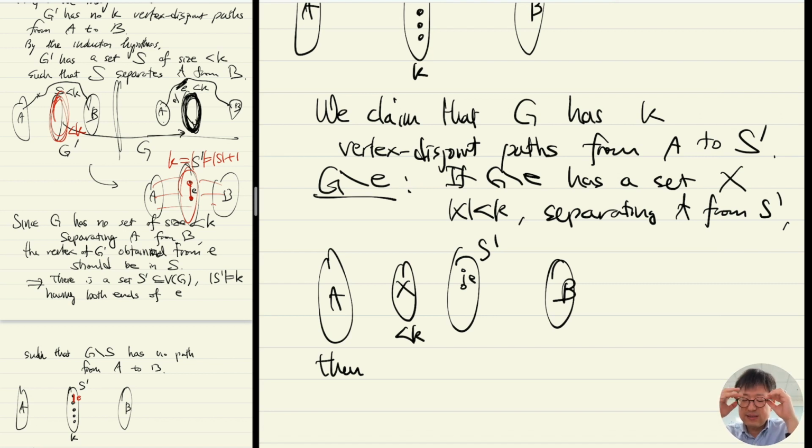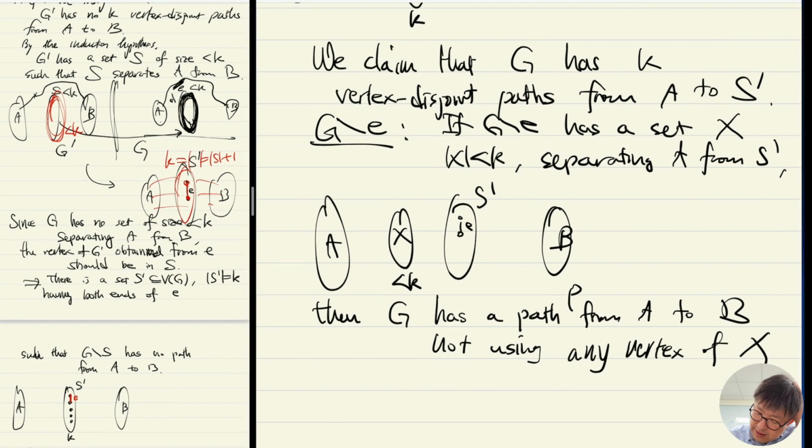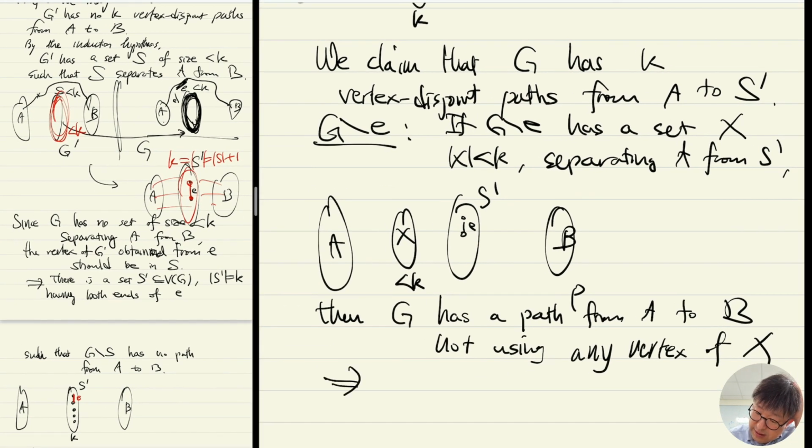So X is a small size set, and by assumption, since there's no set of size less than K separating A from B, G has a path P from A to B not using any vertex of X, which means P must use a vertex of S prime.